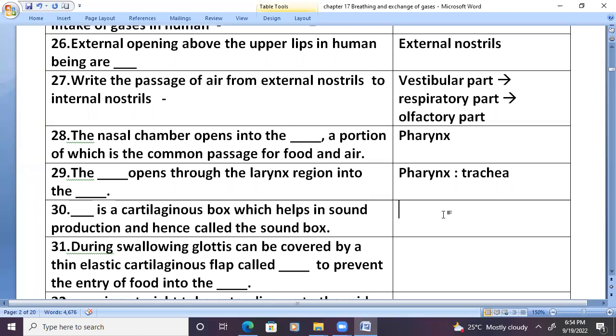The larynx is a cartilaginous box which helps in sound production and hence is called the sound box.